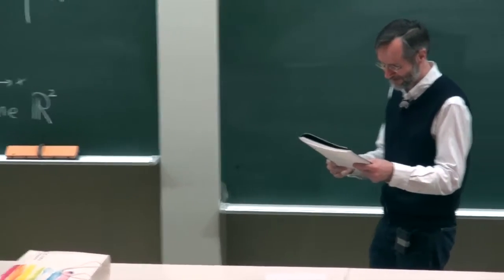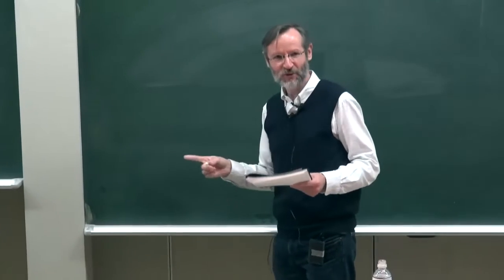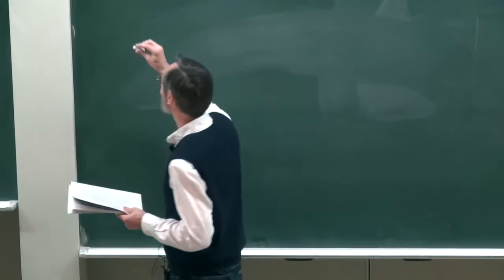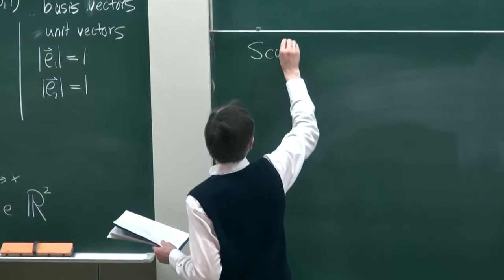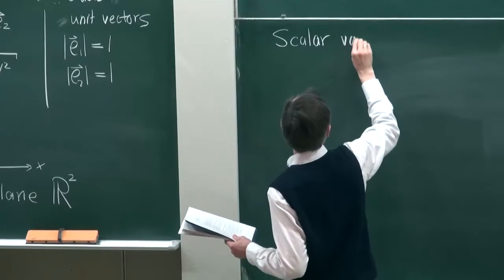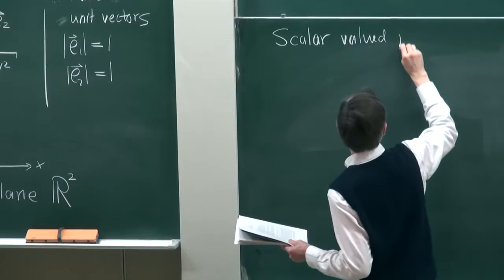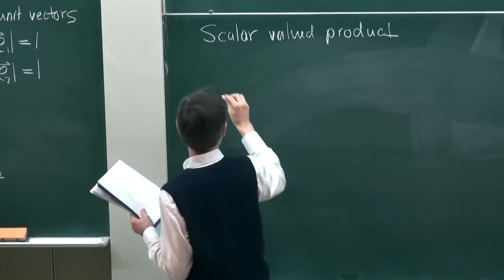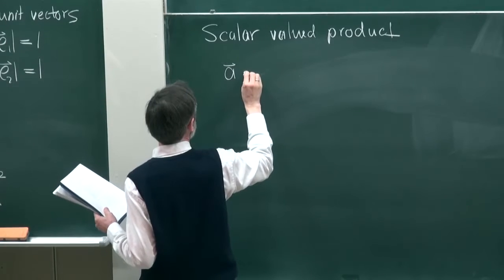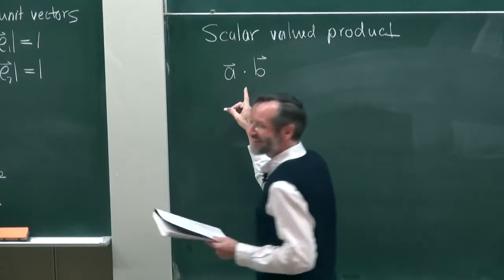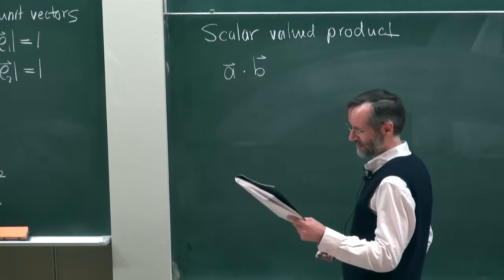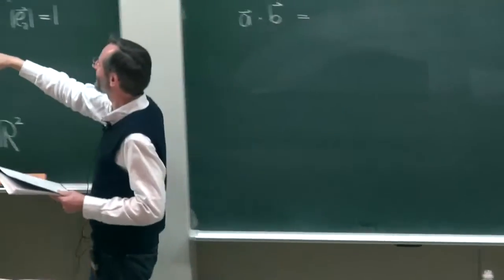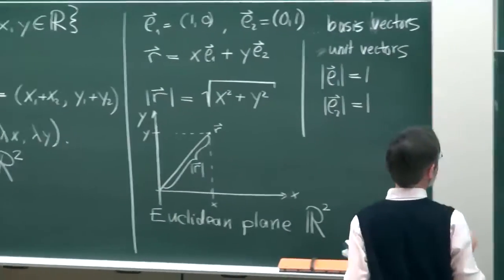So I continue on the next blackboard here. For two vectors, we introduce what you may know perhaps, and this is a scalar valued product. And it gets a product symbol, one vector A with another vector B, and this kind of central or middle dot here. And you take the components of each vector, the first and the second.